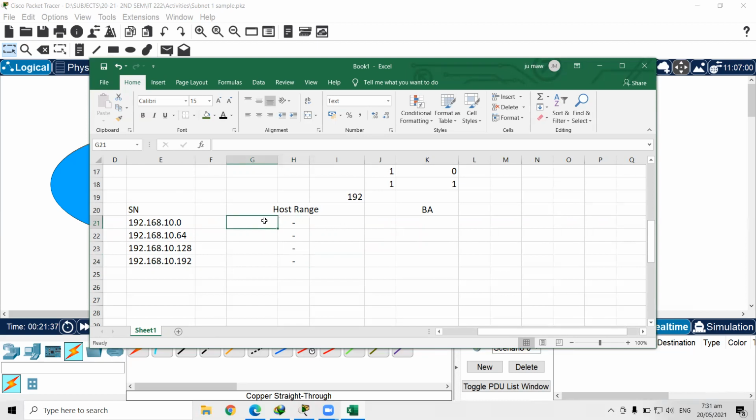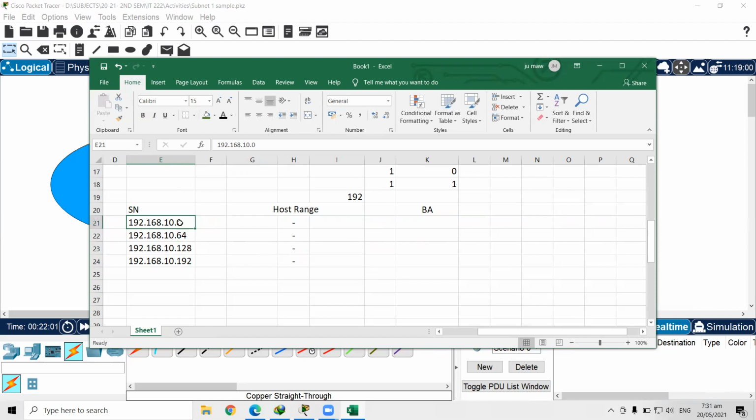So, pag maglalagay tayo ng host range, much better kung kunin muna natin yung broadcast address. Ako, yung ginagawa ko. So, ano yung broadcast nito? The broadcast of this is the value before the next subnet. The next subnet is 64.